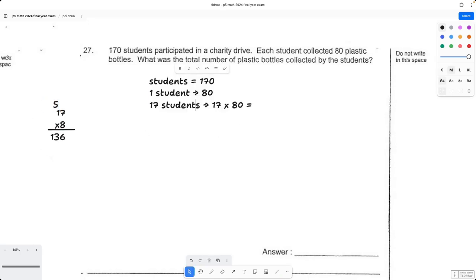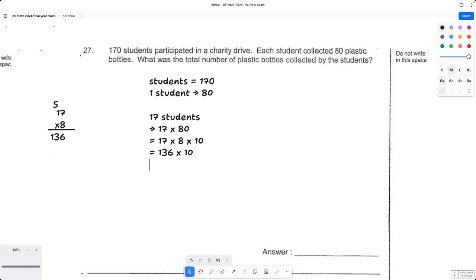Right, so this is essentially a lazy calculator, which is 17 times 8, 136, times 10, go to 1360. Okay, there you go, yay.